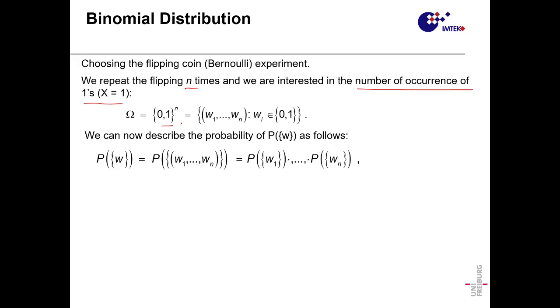Like I was saying, every time that you flip a coin, it has nothing to do with the previous flip, and nothing to do with the future flips. So all the probabilities of getting a 1 or 0 from flip to flip can be multiplied with each other to get the whole probability, the intersection of the probabilities.